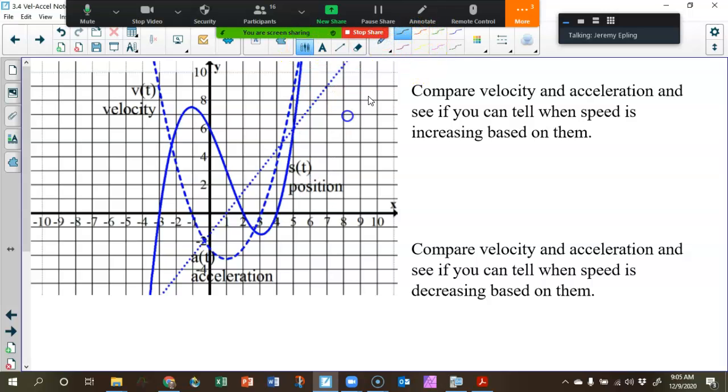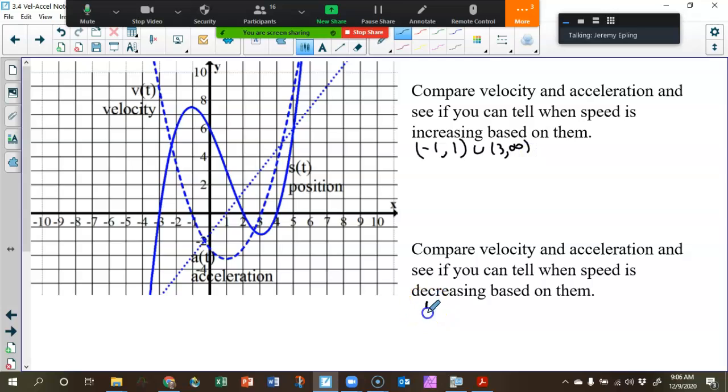And I'm going to highlight, because we know this answer. We know speed is increasing. This is the graph we just looked at. Speed is increasing from -1 to 1 and from 3 to infinity.